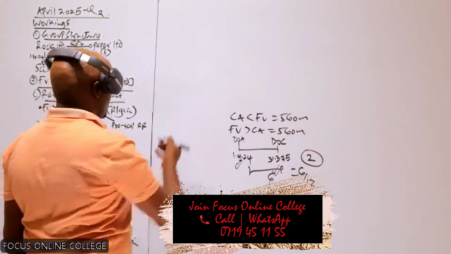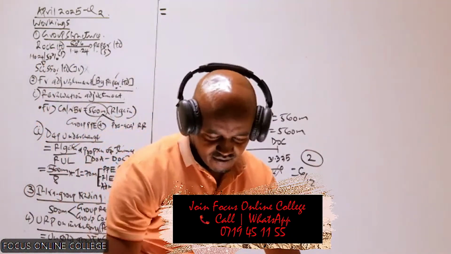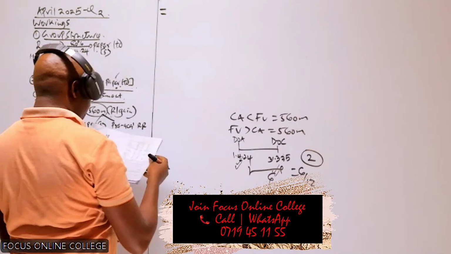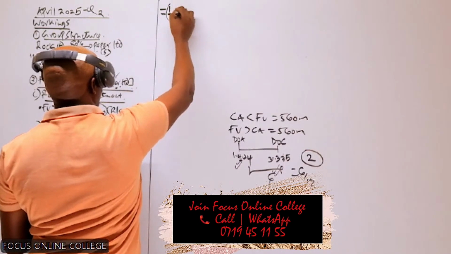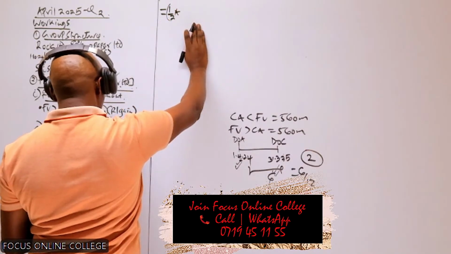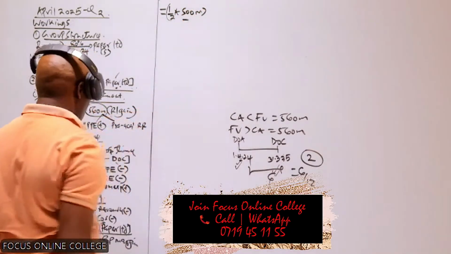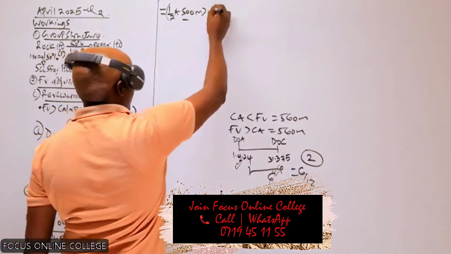We take the unsold goods. We are told the goods not yet sold at the end of the year were half, still held in the inventory of Rock. The unsold goods will be half of the goods sold by Paper to Rock, which is 500 million. We multiply that with the gross profit margin.